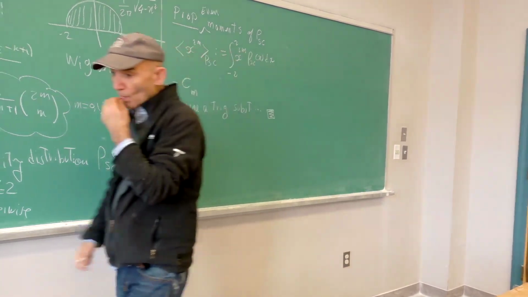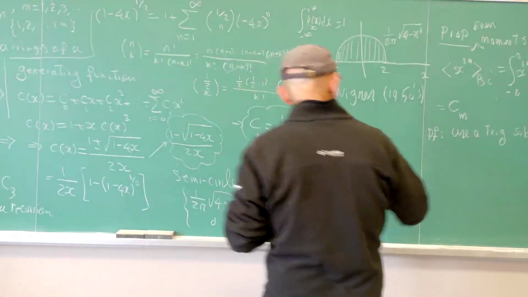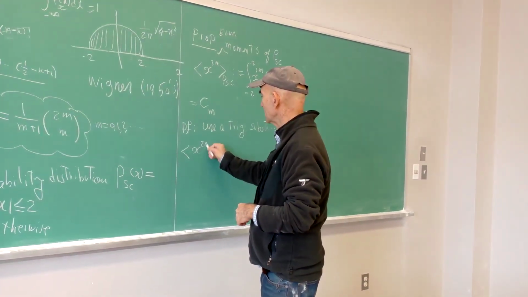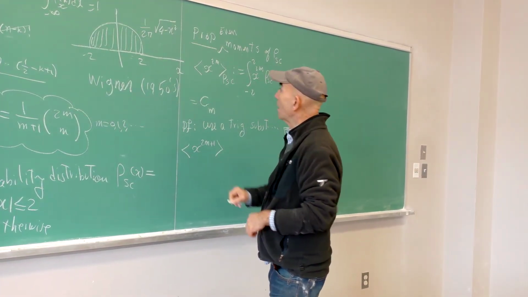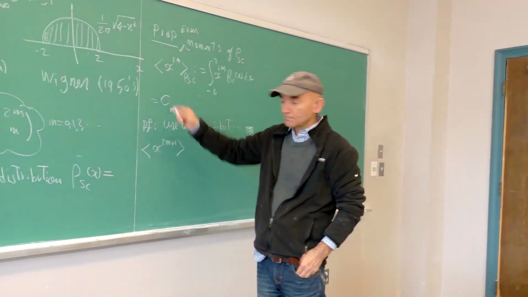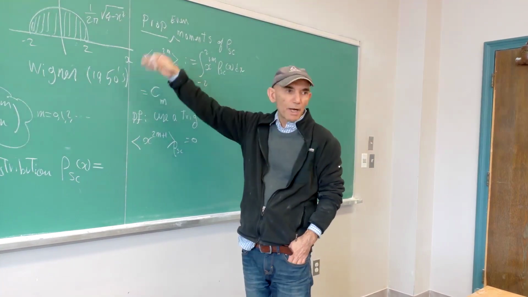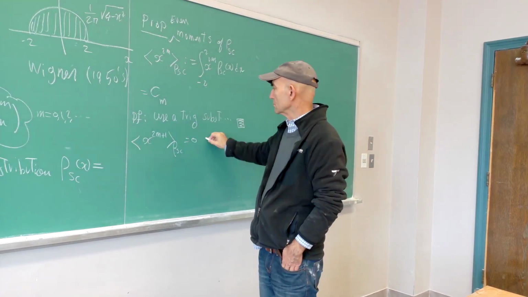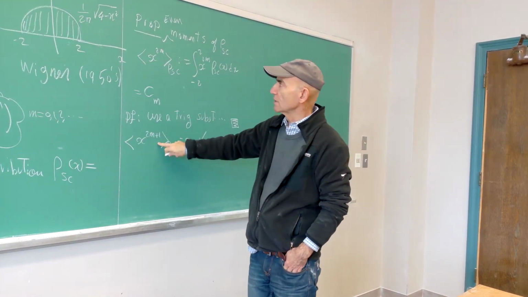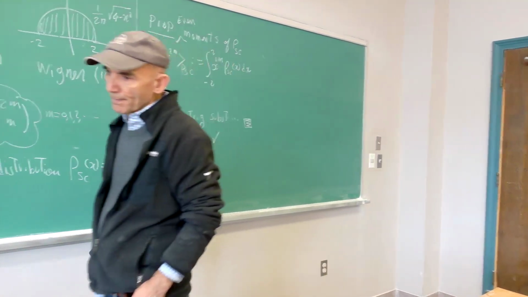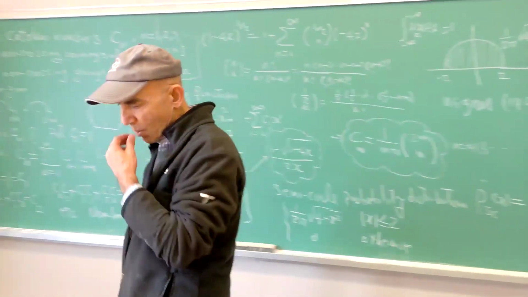By the way, of course, the odd moments of this are zero because of parity. So the odd moments are not an issue. The only thing is the even moments.